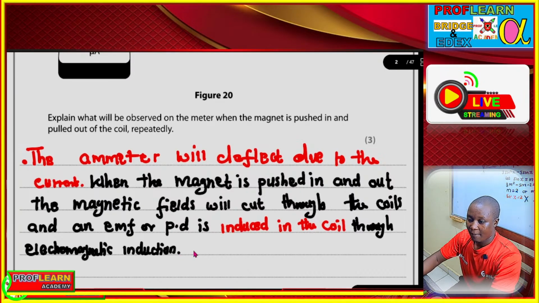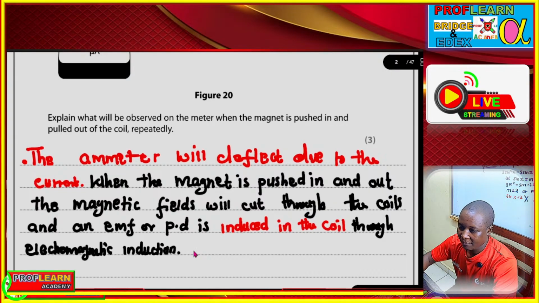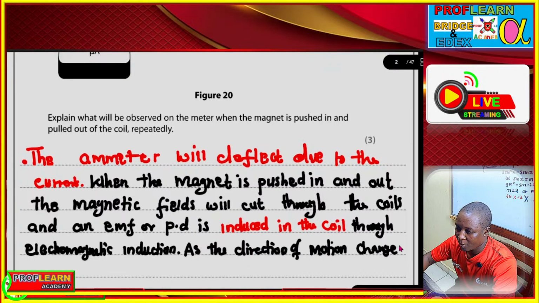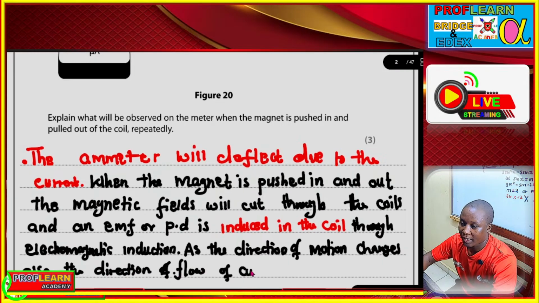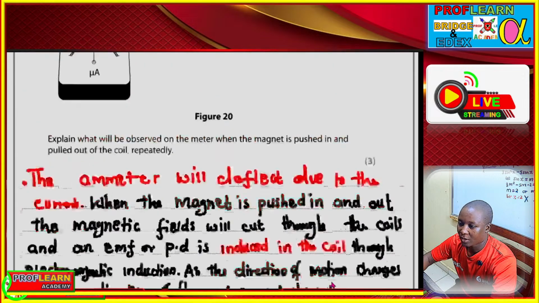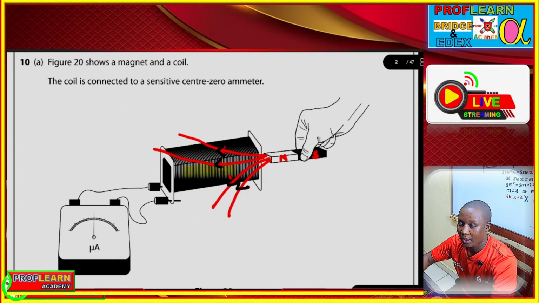So that's why I need to add a statement here and say that as the direction of the motion of the magnet changes, the direction of the current also changes. Yeah, so that's what we are supposed to do in this particular question.